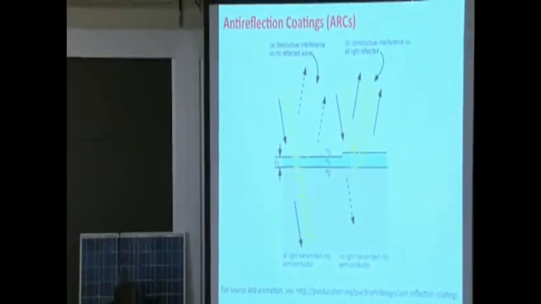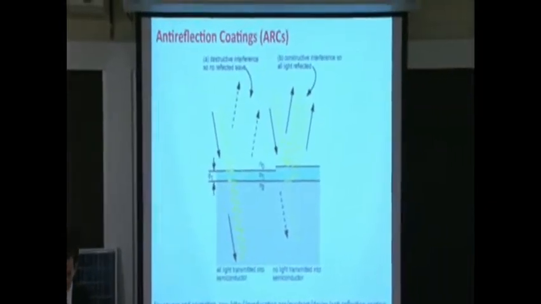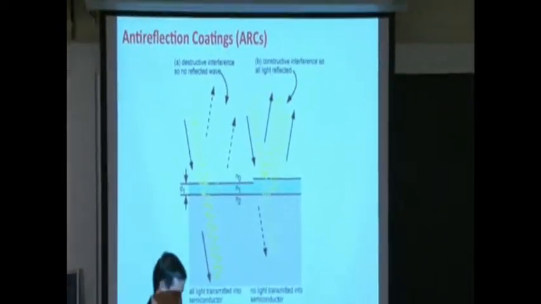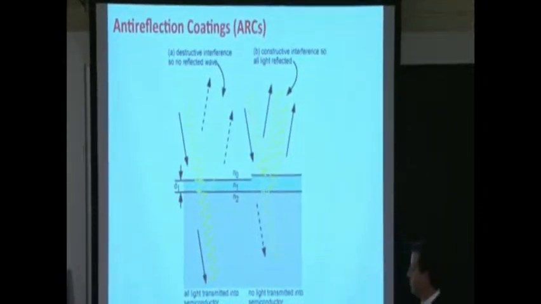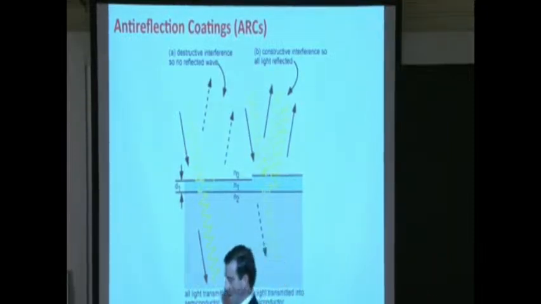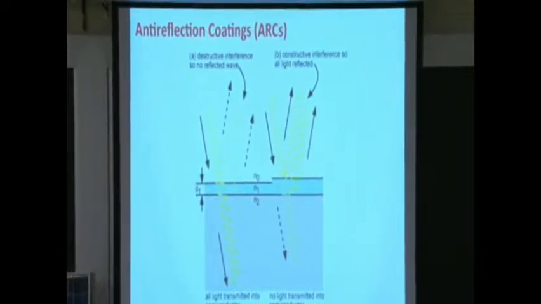Let me touch upon a few other forms of trapping light. We've so far just assumed that light behaves like a continuous wave, doesn't interfere with anything, doesn't interfere with itself. Now we're going to discuss some anti-reflection effects which derive from the notion that light is a wave and can constructively and destructively interfere.